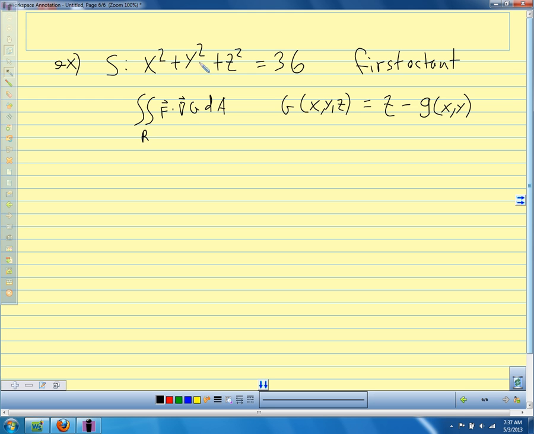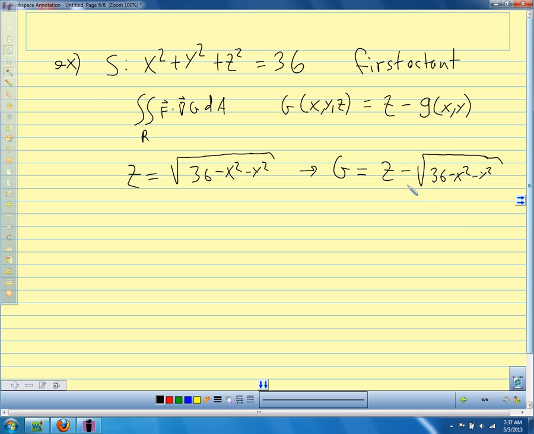So in this case, I would not just take the gradient of this directly to find my normal vector. That wouldn't give us the proper flux integral. So in this case, I would say z equals the square root of 36 minus x squared minus y squared. And so G equals z minus the square root of 36 minus x squared minus y squared.